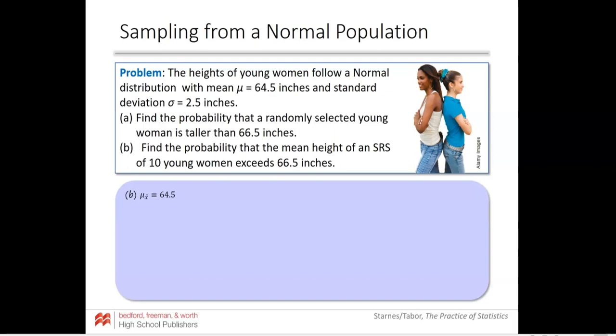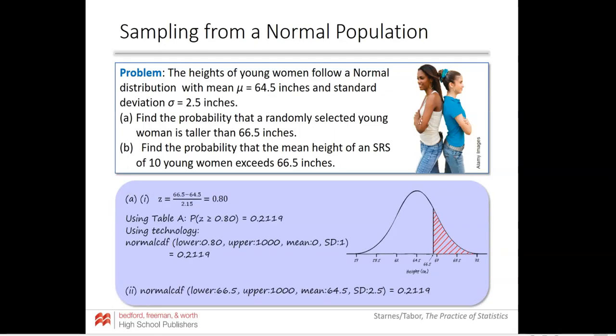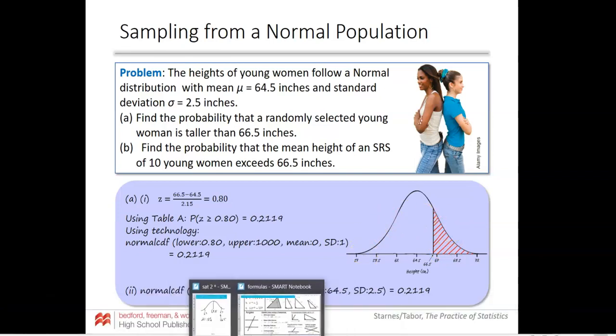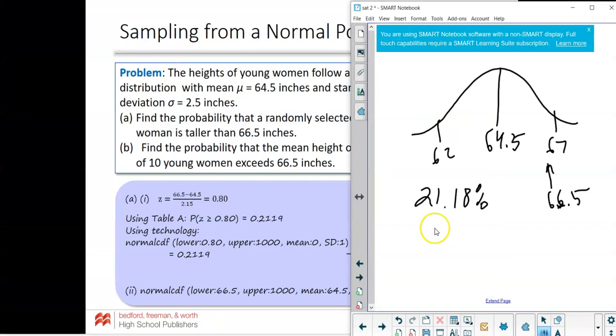Okay, now let's answer the second question. Find the probability that the mean height of an SRS of 10 young women exceeds 66.5. That almost seems like the same question, doesn't it? I mean, it's kind of silly, like, wait, they're asking the same question here. But they did say that n equals 10. So now we're taking a sample, which we didn't take in the first case.